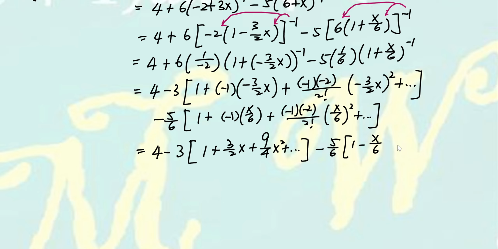And then the whole term is plus x squared over 36. Now expand the 3, substitute this 3, or times this 3 inside into the square bracket. So you will be getting, and don't forget there is a negative here, so all becomes negative.